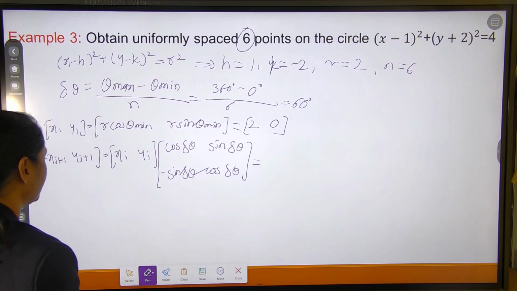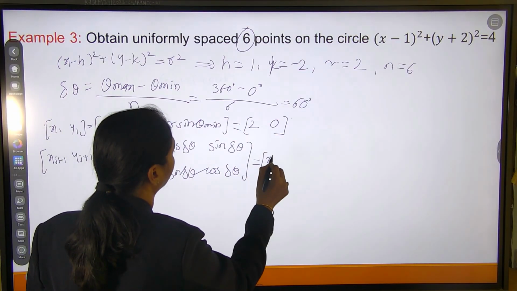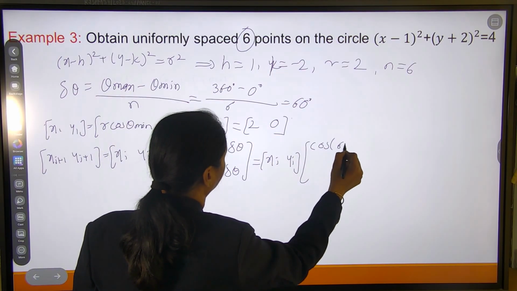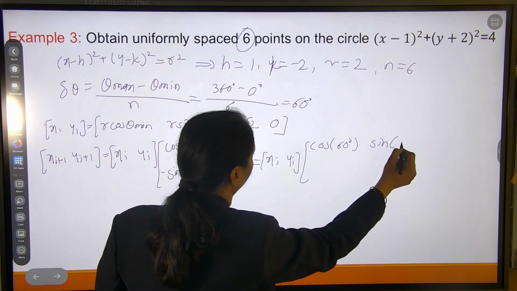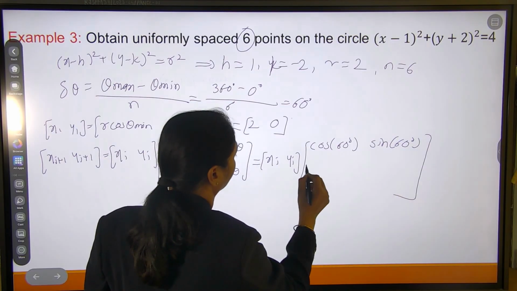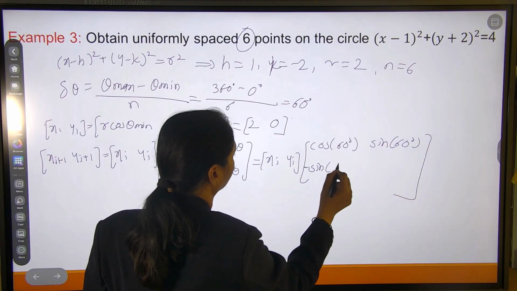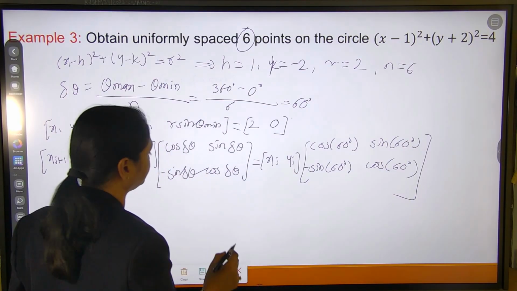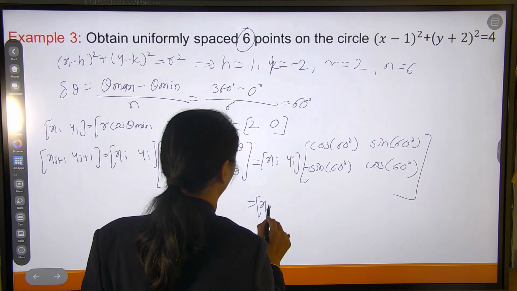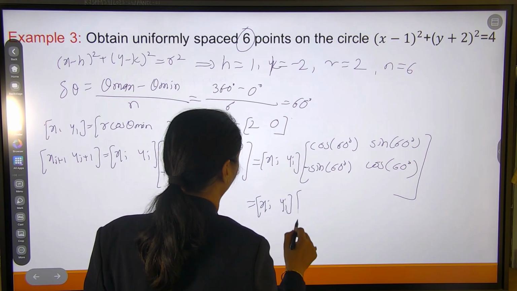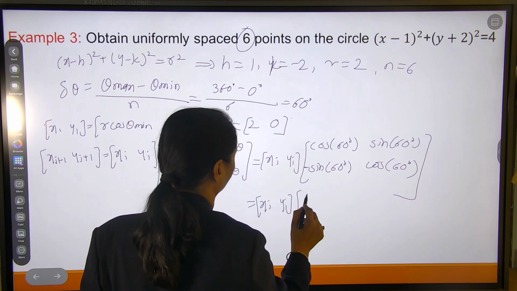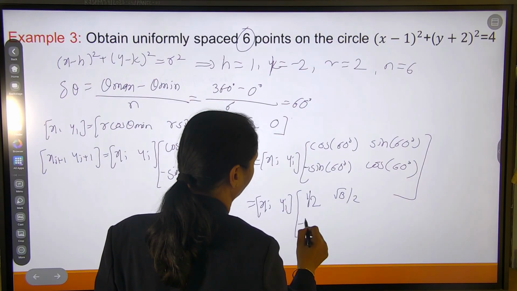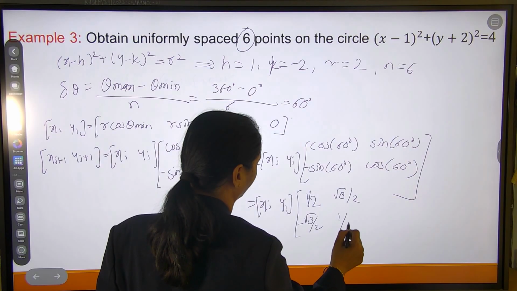As delta theta is 60 degrees, we put the values: xi yi into cos 60, sin 60, minus sin 60 and cos 60. That is equal to xi yi into 1 upon 2, root 3 by 2, minus root 3 by 2, 1 upon 2.